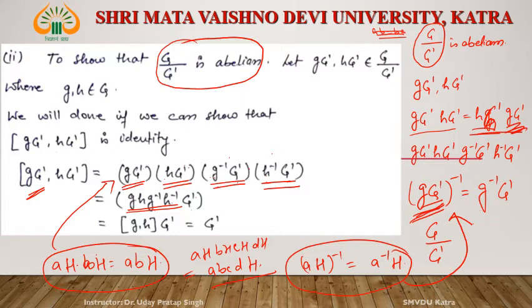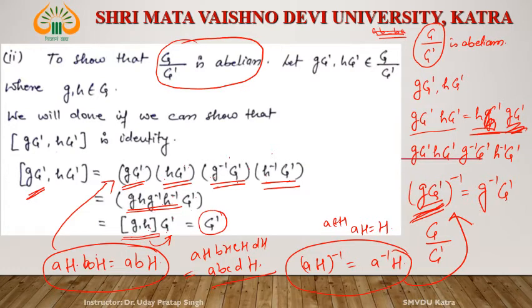Okay. And what is g h g inverse h inverse? That is the commutator [g, h]. It is an element of G prime. And we know that if a belongs to H, then aH is nothing but H. Similarly, the commutator [g, h] is an element of G prime, so this coset is nothing but G prime.